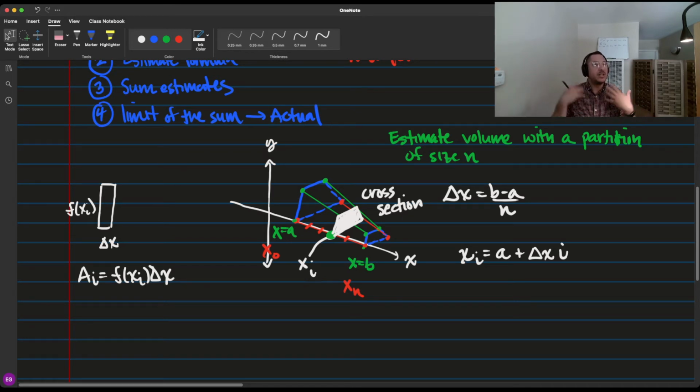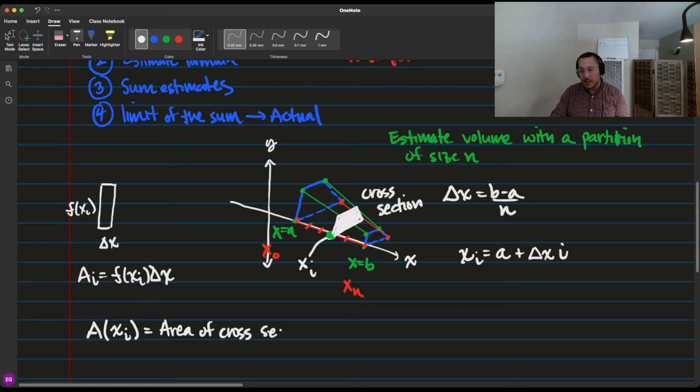I understand it would be a little hard, but does everyone imagine that you could figure out that cross section has whatever dimensions? And you know a formula for its area, right? Because it's just a trapezoid. So if you tried hard enough, you could come up with an area formula so that you could find the area of the cross section at point xi.